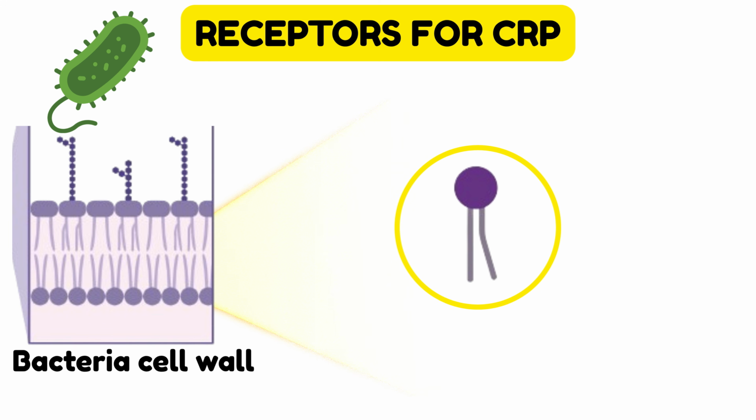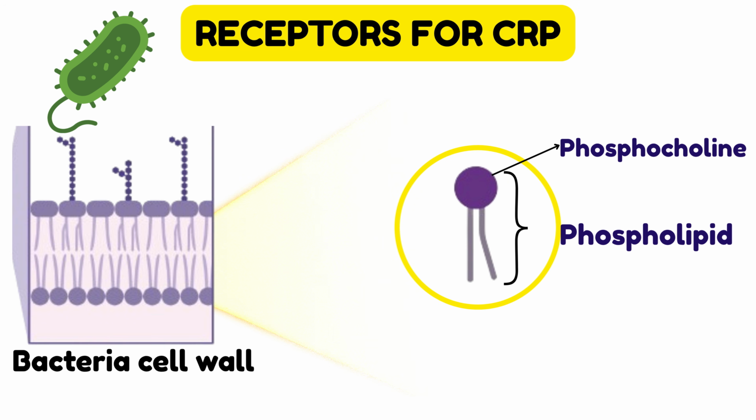And these receptors are phosphocholine and phospholipids, which are actually found on the outer surface of many bacteria, especially Streptococcus pneumoniae. As well as they are also found on our damaged or dying cells. So by binding to these phosphocholine receptors, CRP helps the immune system to recognize and eliminate these harmful microbes.